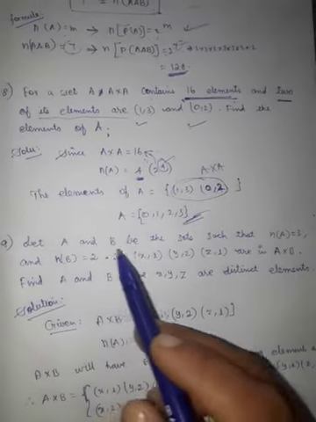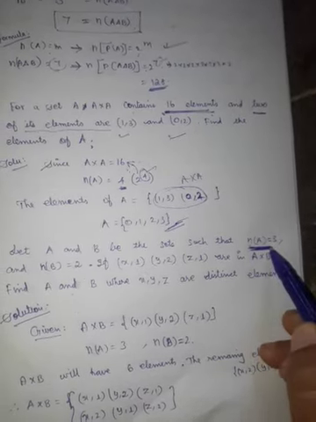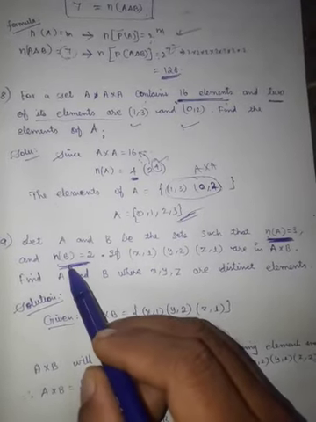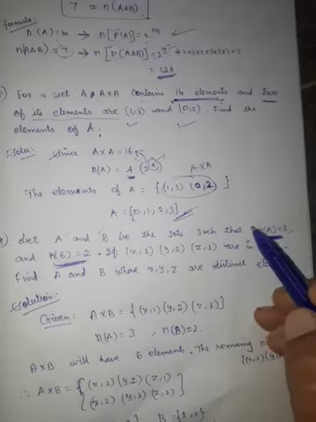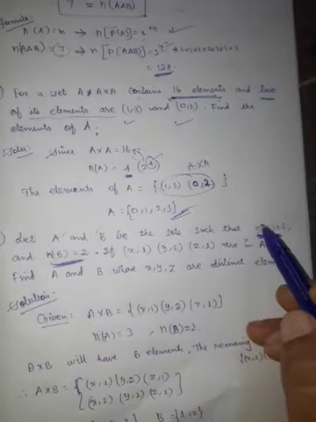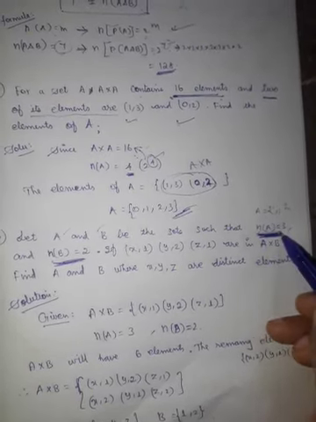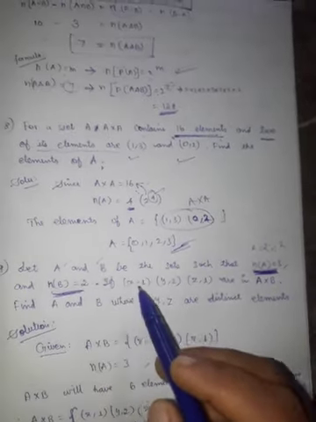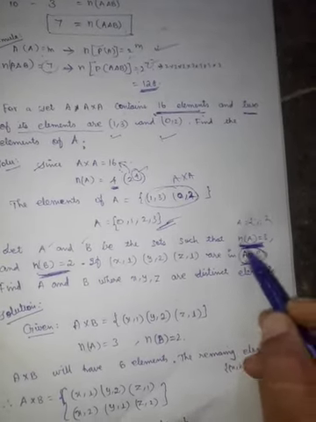So the 9th question: let A and B be sets such that number of A equal to 3 and number of B equal to 2. If (x,1), (y,2), (z,1) are in A cross B, find A and B, where x, y, z are distinct elements.